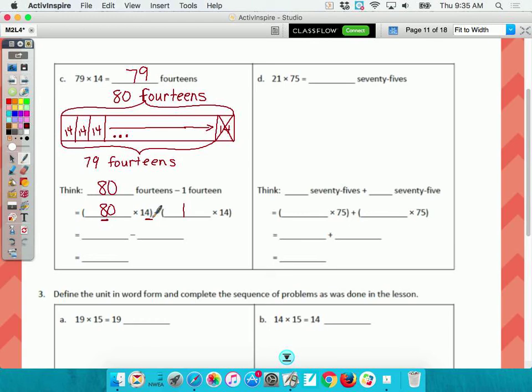Okay. If that's too confusing, what's another way to do it? Standard algorithm, maybe, right? 8 times 4 is what? 32.